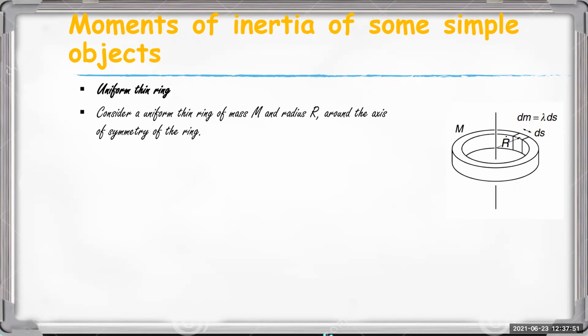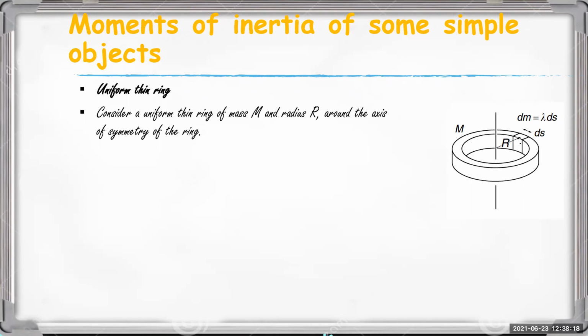Or we consider its volume is very small. Then as there is no volume, it is considered to be a line.